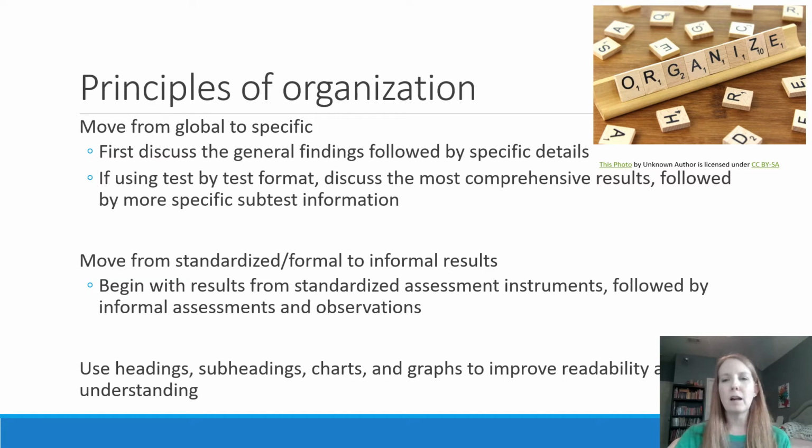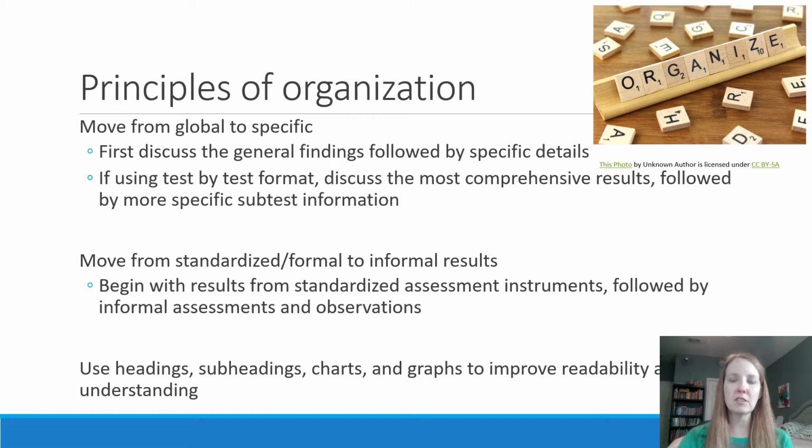So when writing a comprehensive evaluation report, you want to consider how you will organize the information. You can organize in a test-by-test format or synthesize the results and report in an ability-by-ability format. Either method is acceptable. You'll just want to choose one and then stick with that throughout your report.